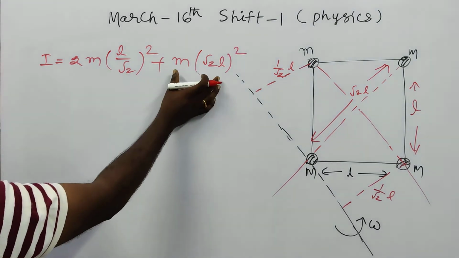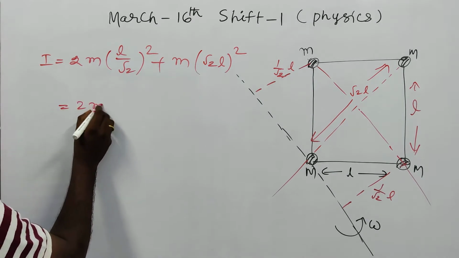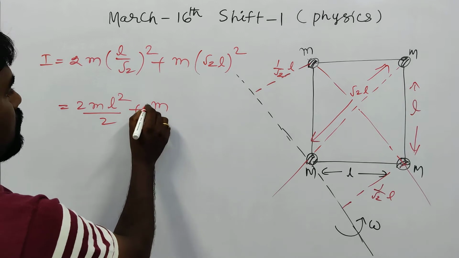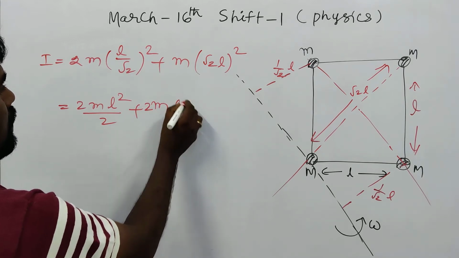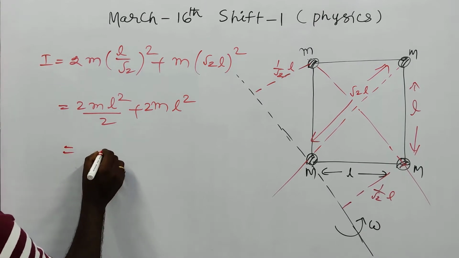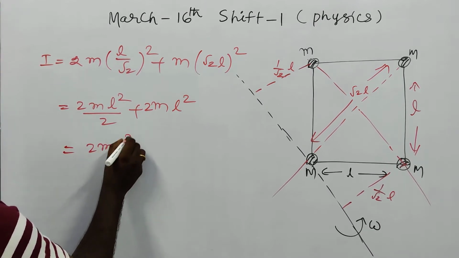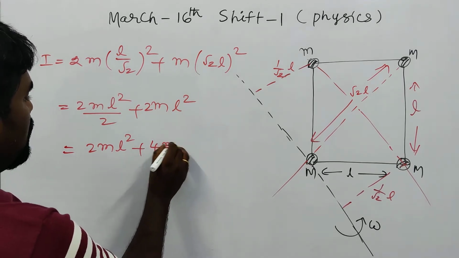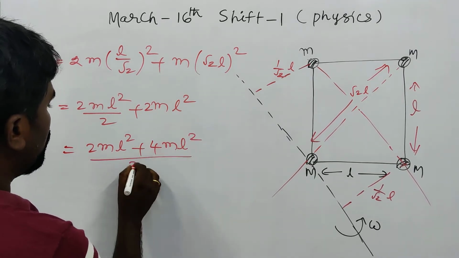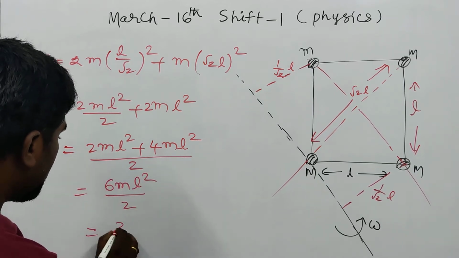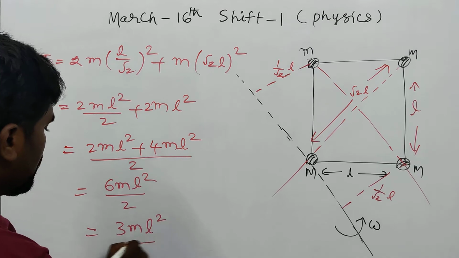That is 2mL square by 2 plus 2mL square, which is 2mL square plus 4mL square by 2, that is 6mL square by 2, which is 3mL square. So this is the answer.